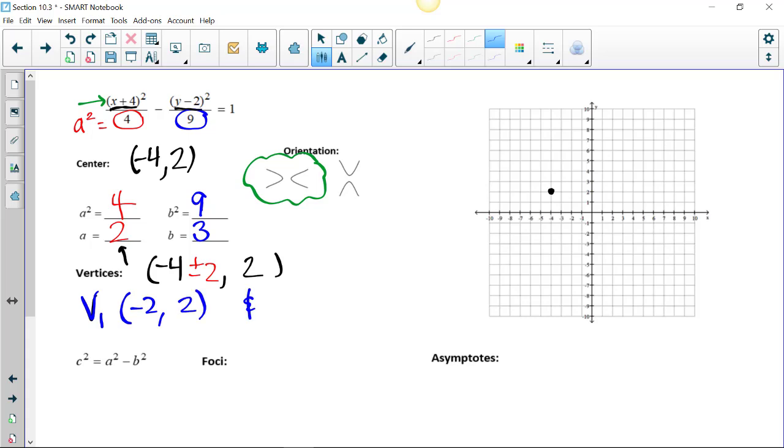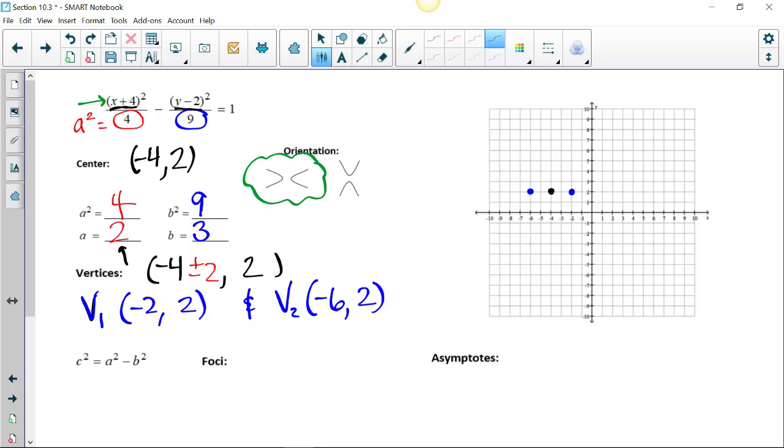And the other one will be -4 minus 2, which is -6, and the y-coordinate will be 2. So if I plot those points, we should see that they are the same distance from the center. So I have (-2, 2) as one of my vertices, and (-6, 2).